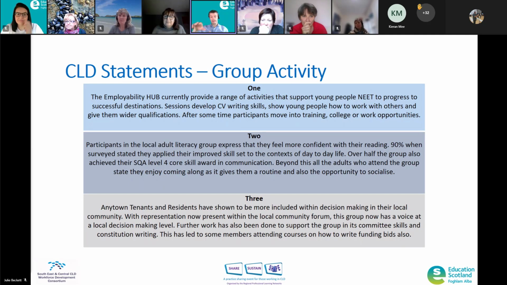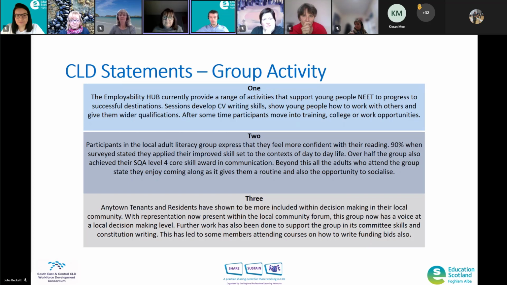Yeah, that's quite, I think one of the things you've done there, Antoine, that's quite good, is you've taken a longer statement and made it more concise. So like we were saying in the previous slide, it's more to the point, and to read that, you say, well, so what if they've taken part in committee skills? Well, it's made them better at making decisions in their community forum, so it's clear how the skills have helped them. So it doesn't always need to be keeping the full statement, it can always be reducing it and making it more punchy, as we highlighted before.